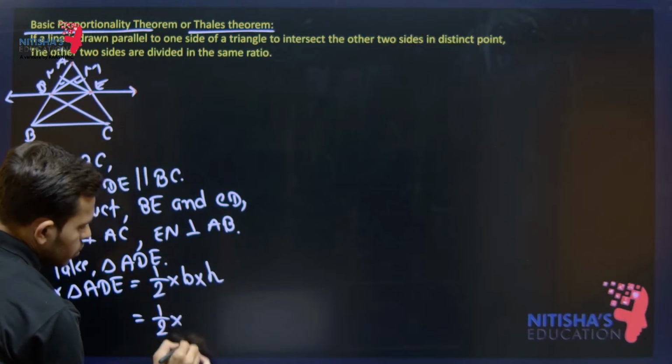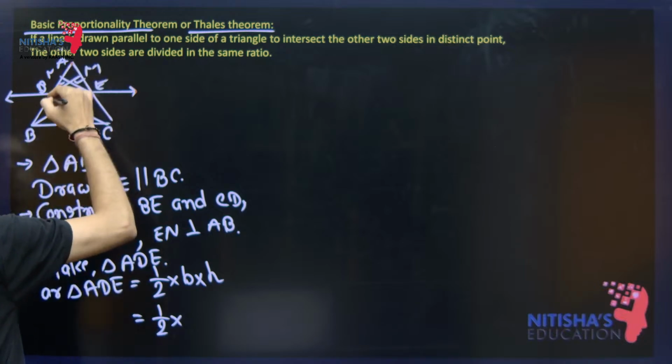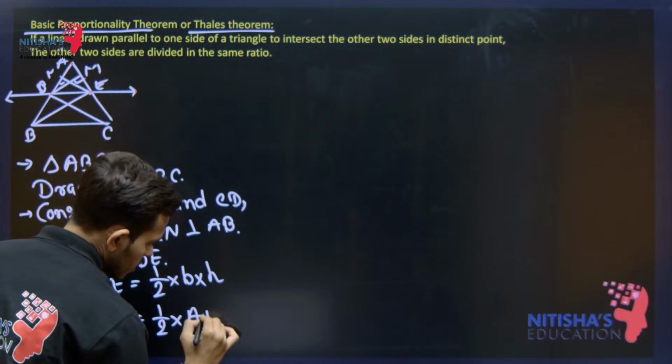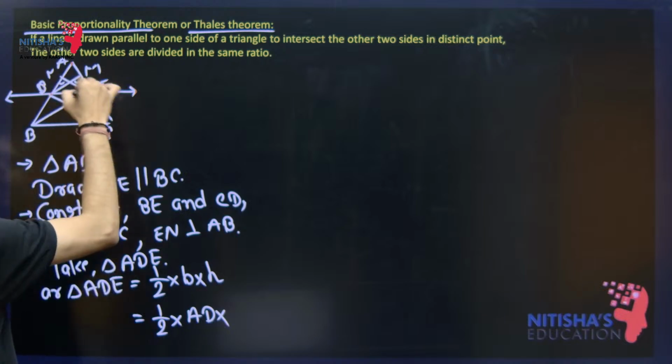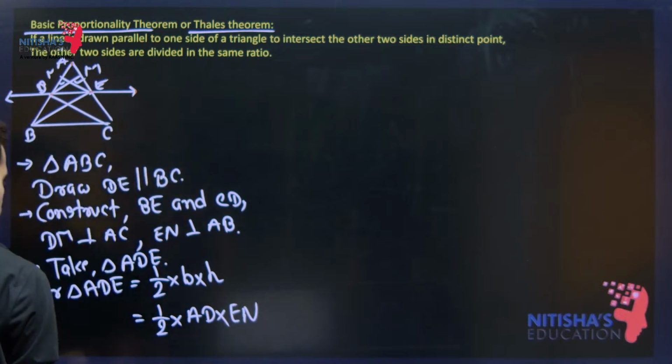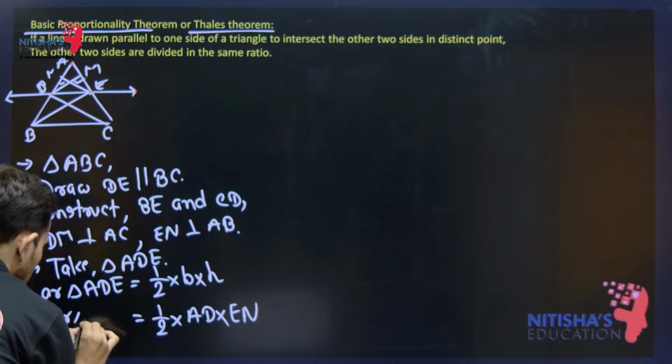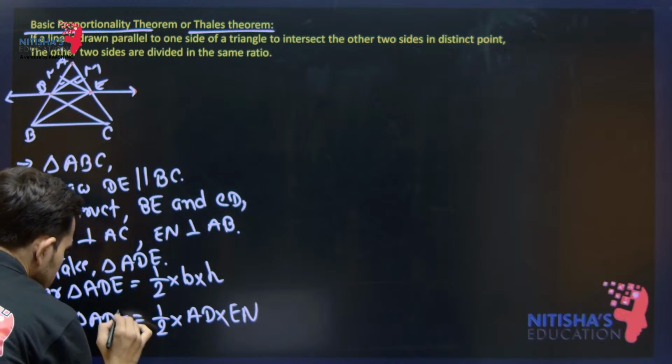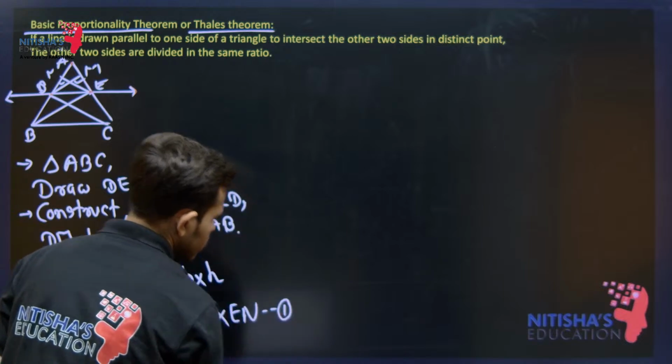So 1 upon 2, what is base? Base is AD. What is height? Height is EN, right? So this is our area of triangle ADE. Let's say it is our equation number 1.